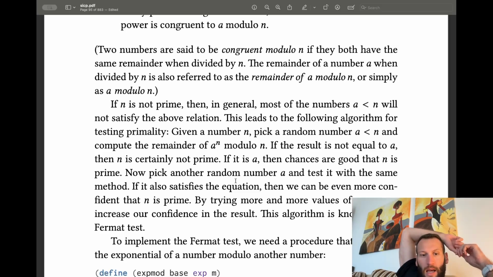Now pick another random number a and test it with the same method. If it also satisfies the equation, then we can be even more confident that n is prime. Yes. By trying more and more values of a, we can increase our confidence in the result. This algorithm is known as the Fermat test.